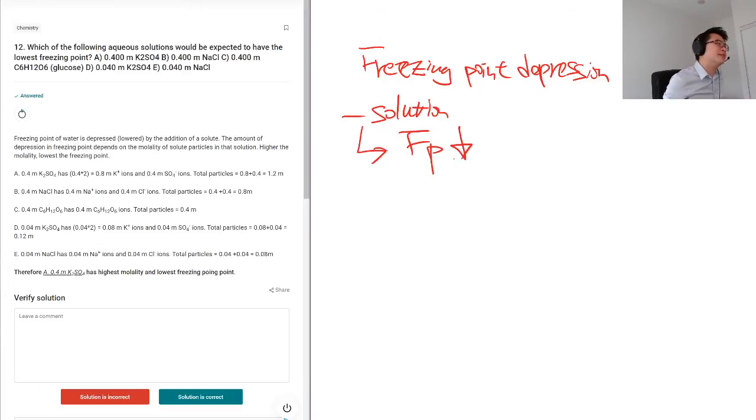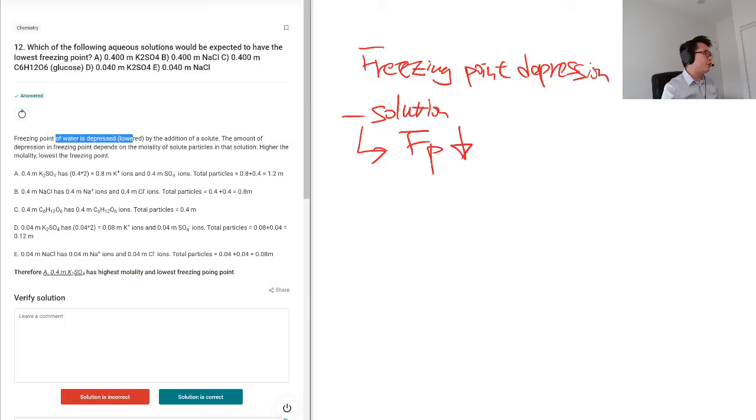It's one of the properties of a solution. We have 0.4 molality, it's not molarity, so small letter m, potassium sulfate. We have 0.4 sodium chloride, 0.4 glucose, also 0.04 potassium sulfate, and 0.04 sodium chloride.